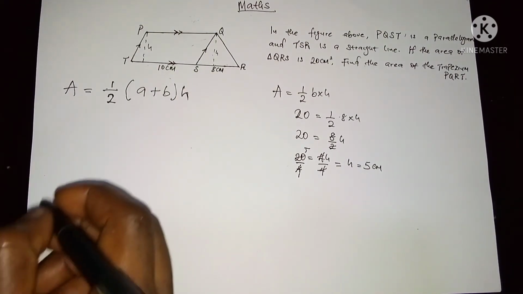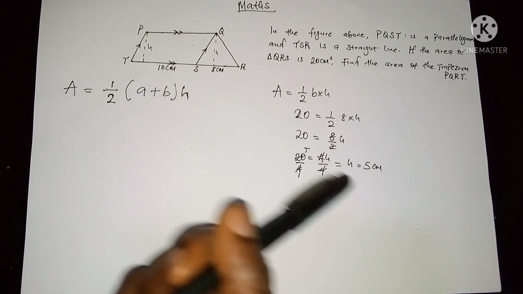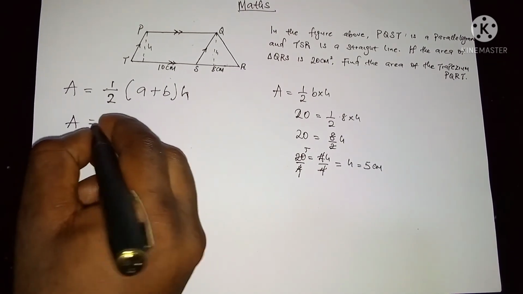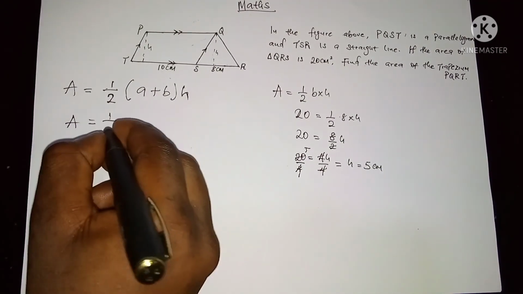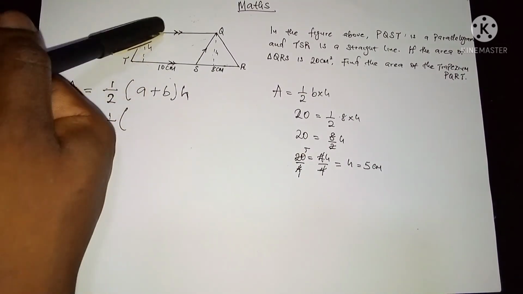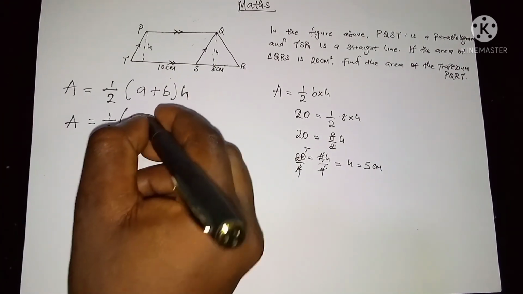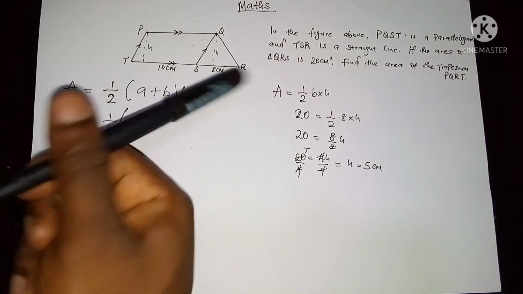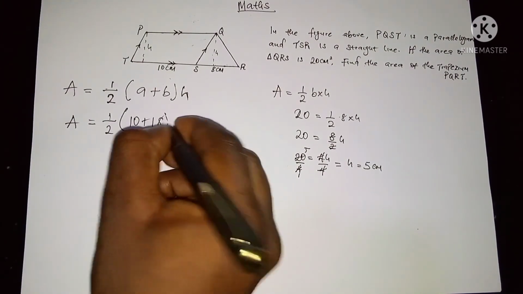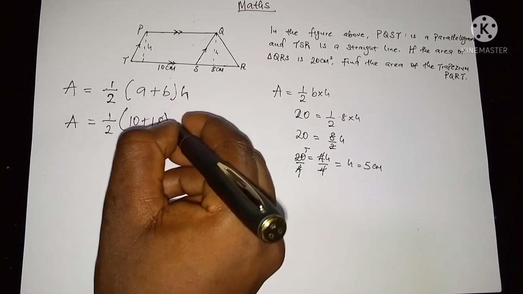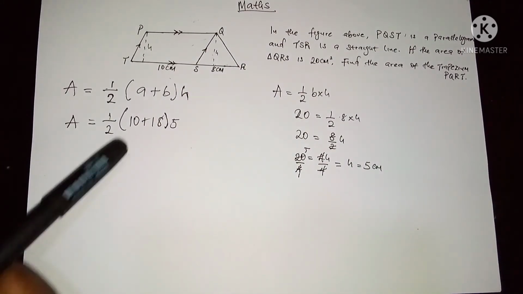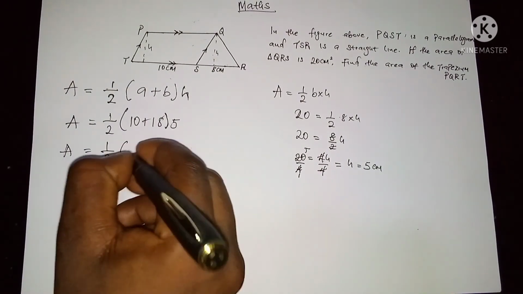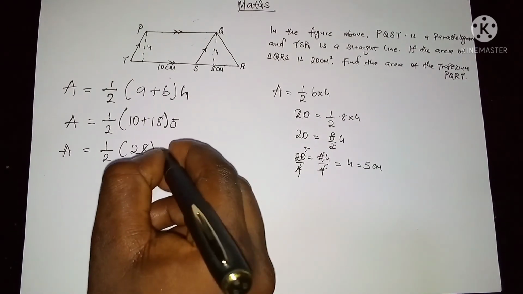So we have 5 centimeters as the height. Then we can look for the area of the trapezium. Area of the trapezium is 1 over 2, then the base for this is 10 centimeters, plus the base for this one is 18. Then our height, which is 5. Right, 10 and 18 gives us 28, so half times 28 times 5.